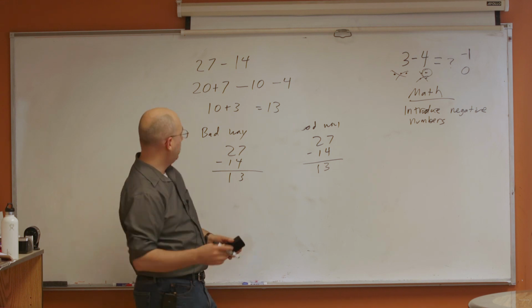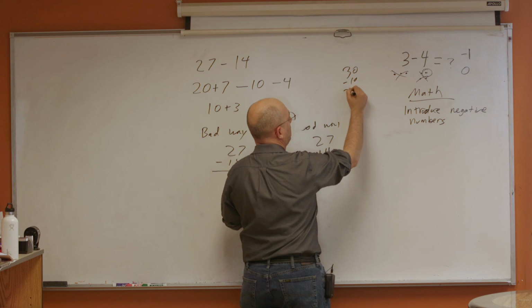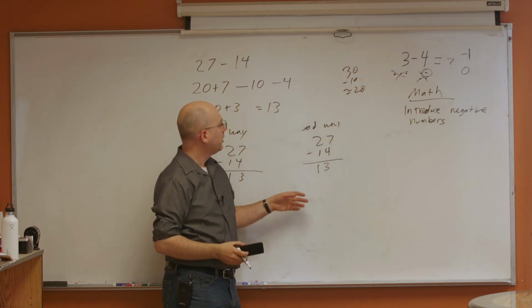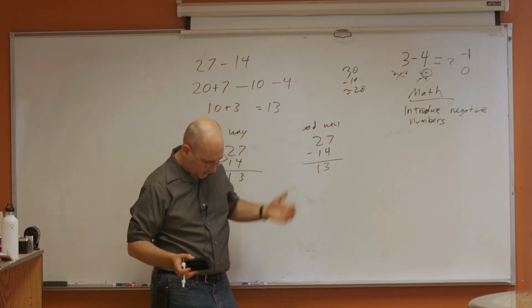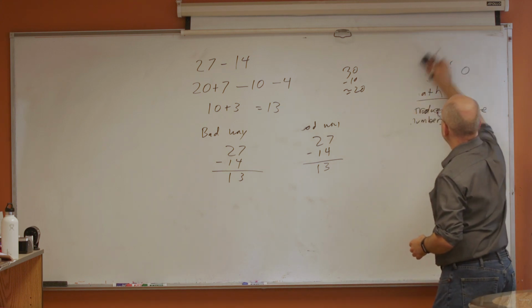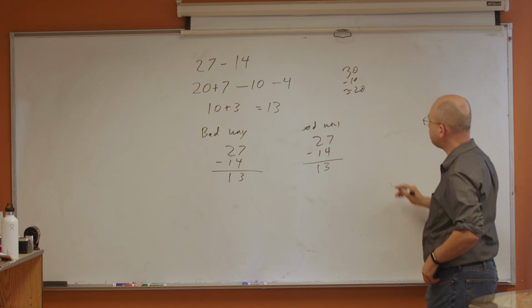And you can also do the rounding thing, right? You can do 30 minus 10, that's about 20. Here it's not a great estimate, but when you have a lot more digits going on, rounding is a quick way of getting something sensible.